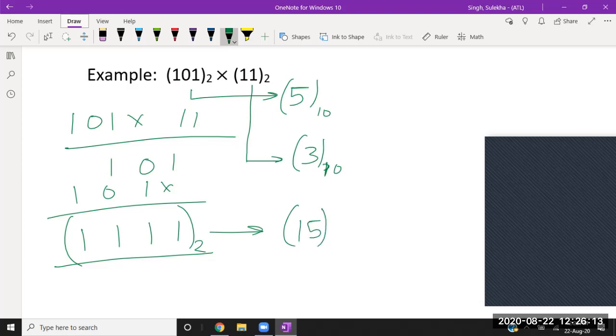So this should be 15 in decimal, and you can see that this is 8, and this is 4, 2, and 1, and all are 1. So you need to add 8 plus 4 plus 2 plus 1, that is 15. In this way you can verify that whatever I am doing is correct. In previous examples also you can verify in the same way, and you will get to know that these are correct techniques.